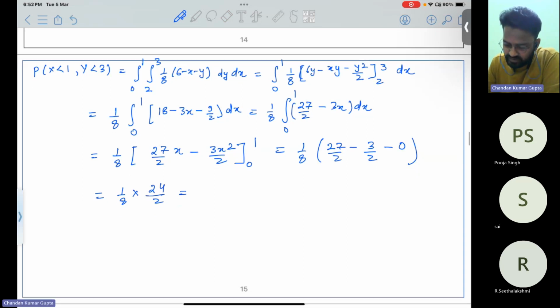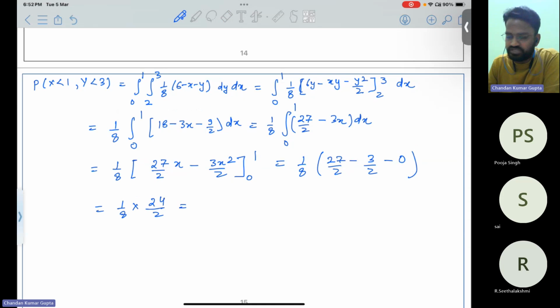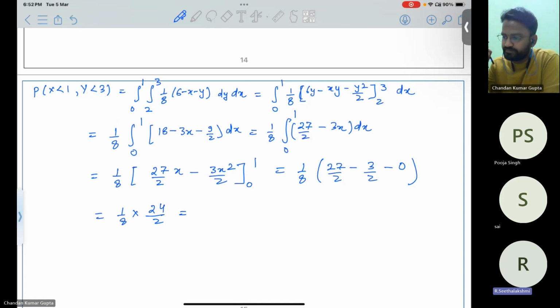Can anyone tell me? I am doing a mistake somewhere because my probability comes out to be more than 1.